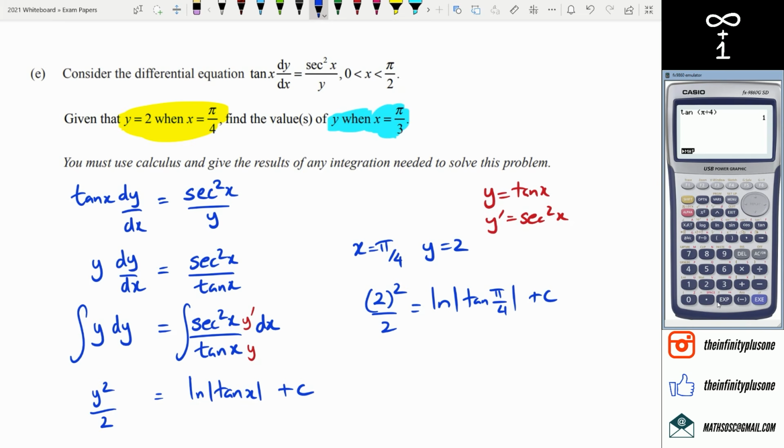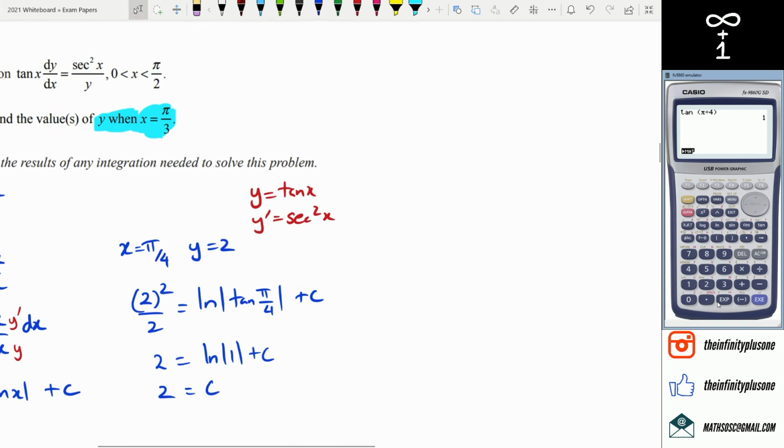So I've got 2 squared over 2, which is 4 over 2, so that's 2. And then ln of 1 plus c. Ln of 1 is equal to 0, so c is equal to 2, which means I have my equation, which is y squared over 2 equals ln of tan x plus 2.